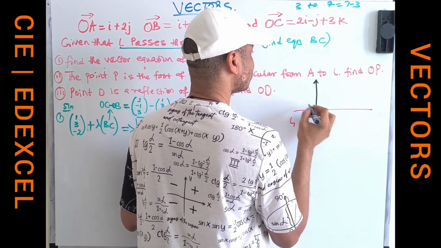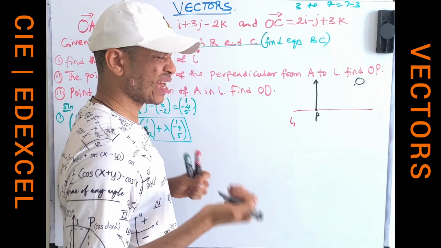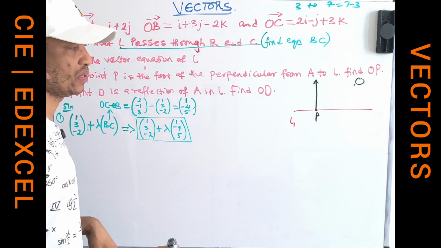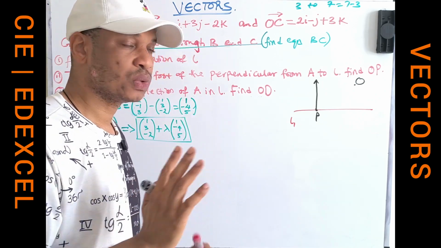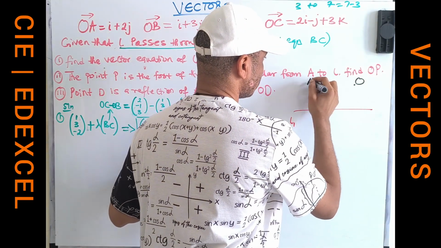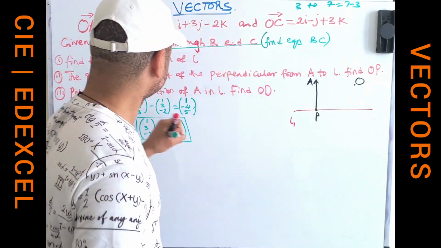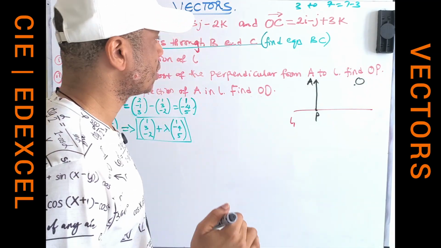They tell me to find, so O can be anywhere. This is the origin, so I need to find OP. I need to just find P. P is OP because we are relating everything from the origin to wherever we are going. So this is OA. If I say A is here, this is OA. So we're just finding OP, the position vector of P from the origin.